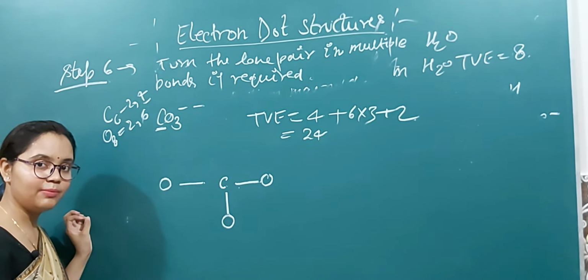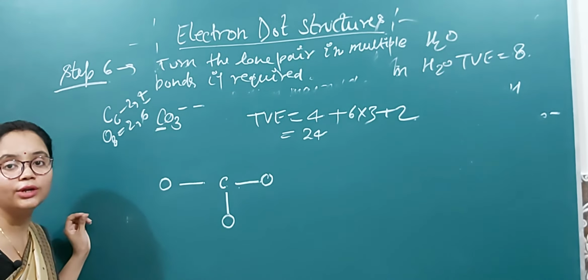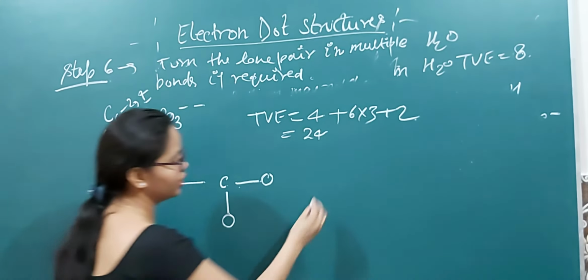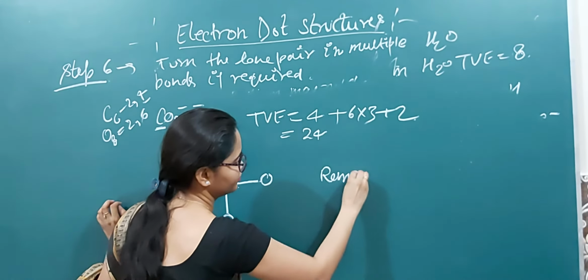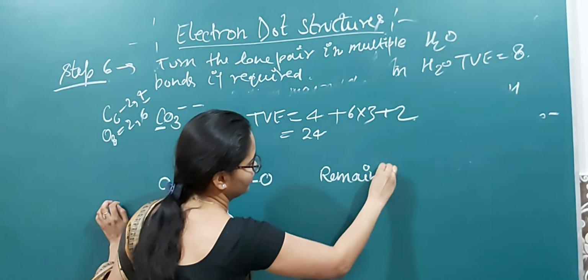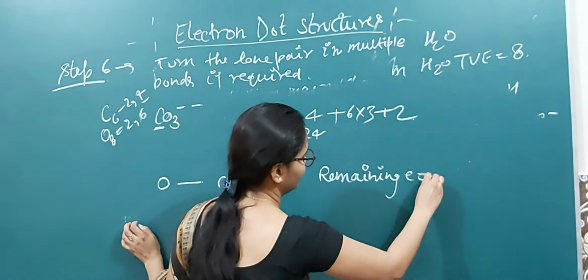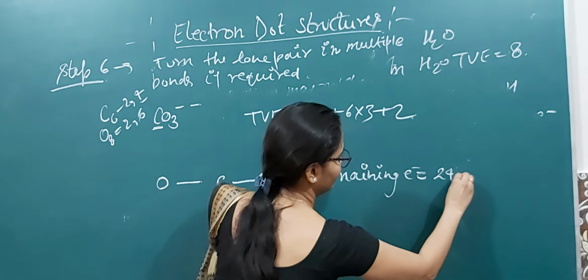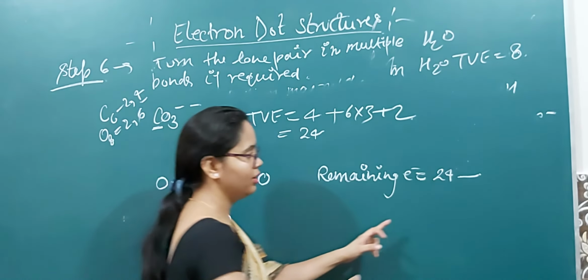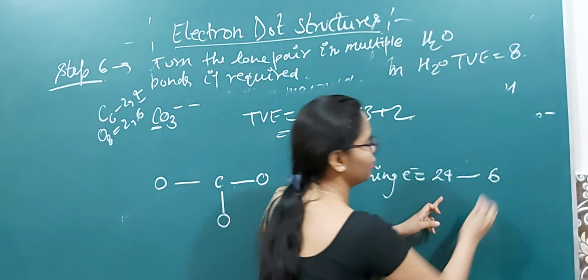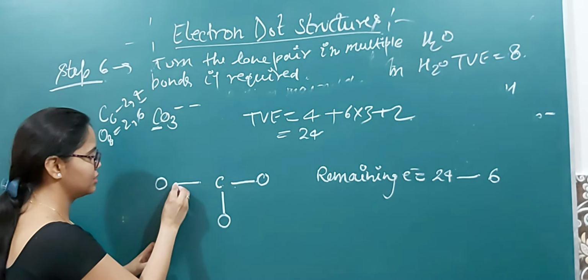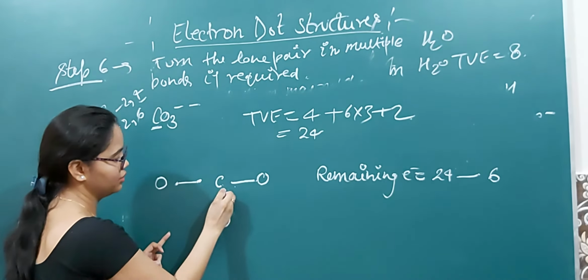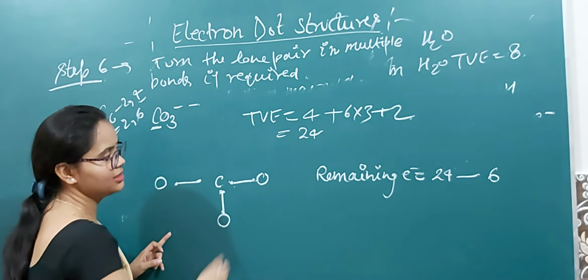What was the next step? In the next step we have to calculate the remaining electrons. So remaining electrons equals 24. These are the total valence electrons, and 6 electrons we have used. How? See, 1, 2, 3, 4, 5 and 6.